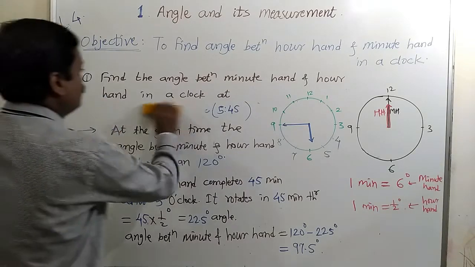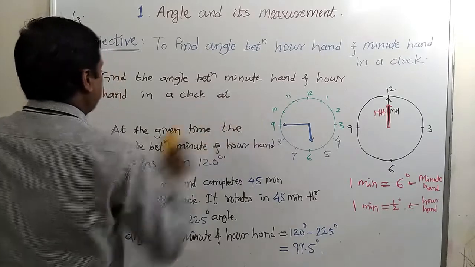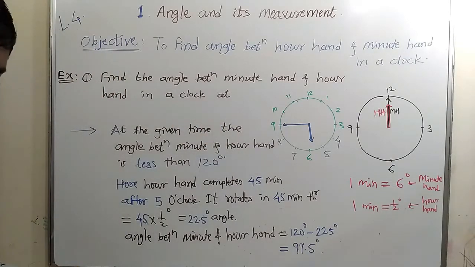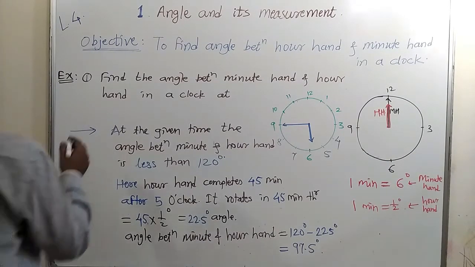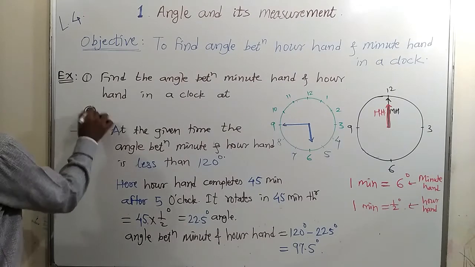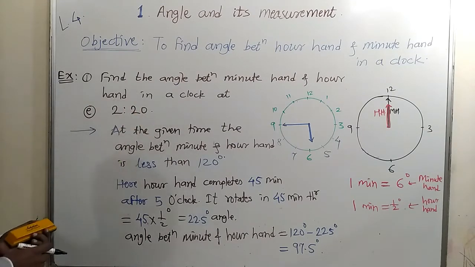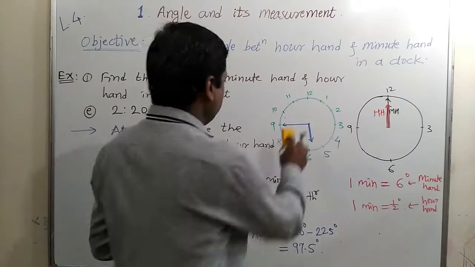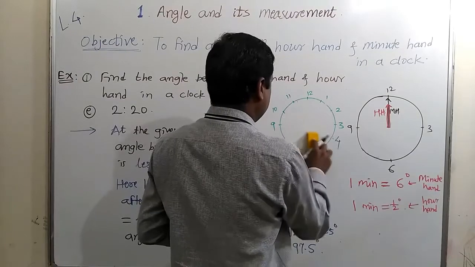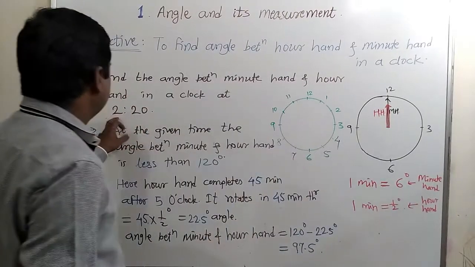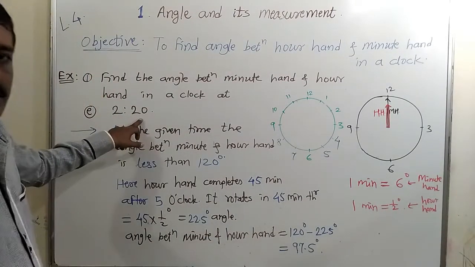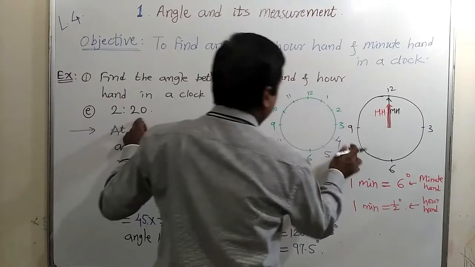E, that is 2:20. The relative time is given, 2:20. So at this time, let us draw the figure for this. Once again, 2:20 means minute hand is at 20, means it is at 4.